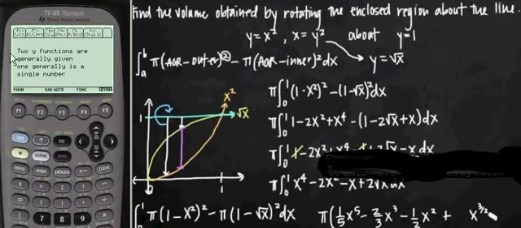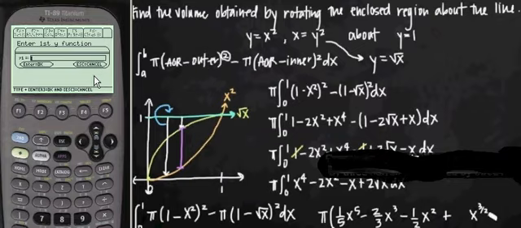Now I should tell you a little bit here. There's two functions given. Generally, one is a singular variable, a single number. But anyway, we're going to enter the first function here. So we're going to press alpha and put in x squared. Second one.